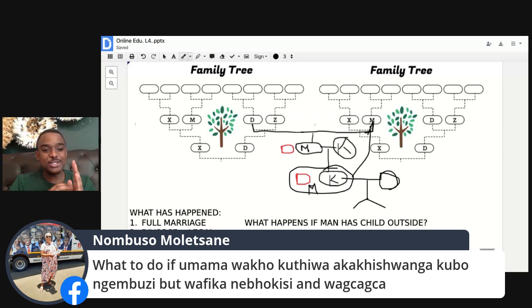But now what needs to happen is when your mother is made to leave nenkomo, bamkhipha nembuzi noma isilwane, whatever animal they decide to use, nawe and your siblings need to also leave, and then they need to bring you into that new family along with your mother. Because if a man and woman have a child, and then indoda ikhipha, he's saying, I want both woman and child to be in my family.